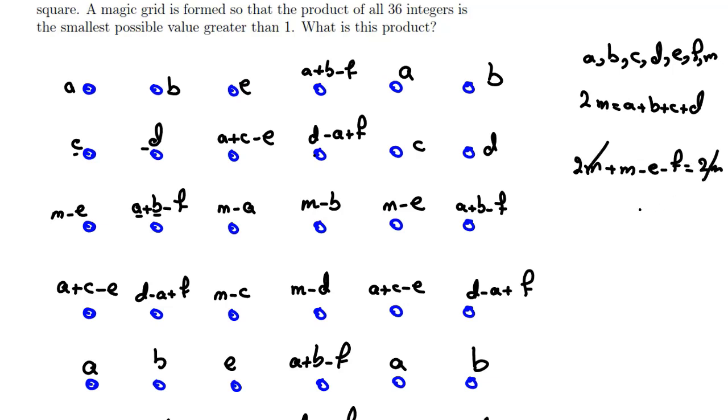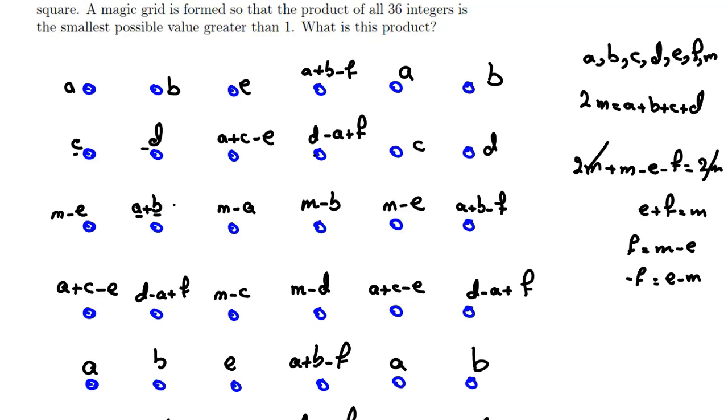So when we cancel, E plus F is M. Okay, so here instead of F we can replace F. F is M minus E. So negative F is E minus M.